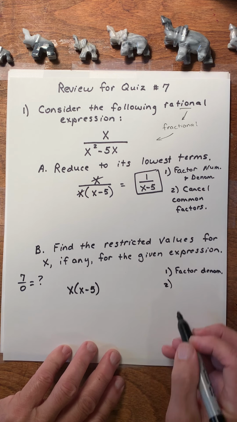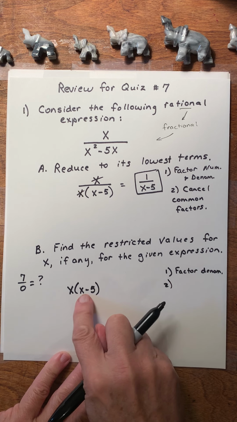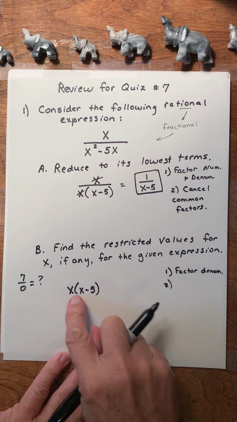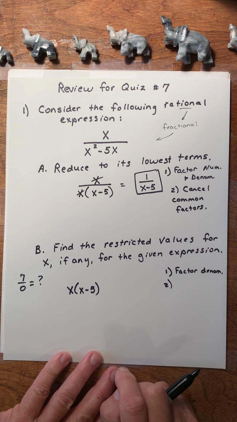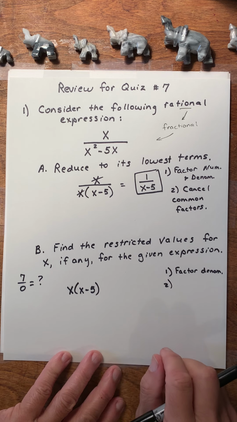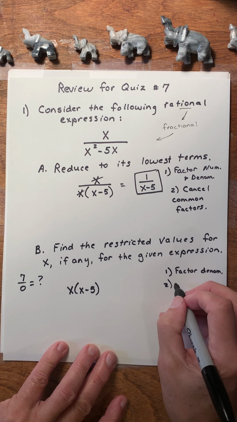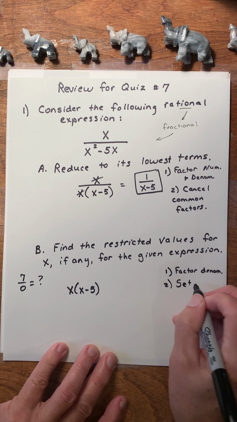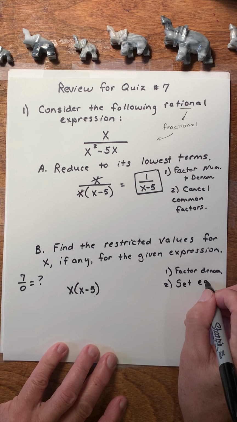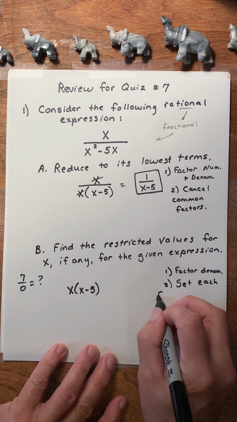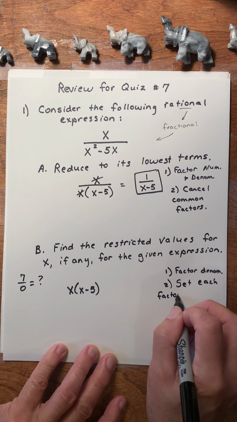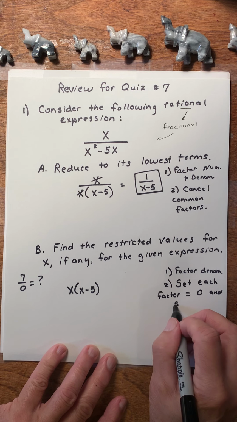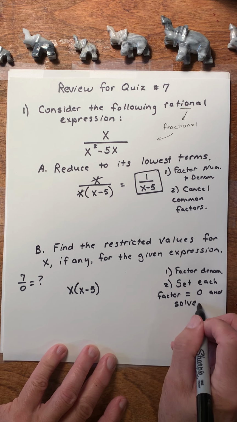Second thing we're going to do is realize that either one of these could make the denominator 0. If either one of these is 0, the denominator will be 0. The way I'm going to express that thought is I'm going to set each factor equal to 0 and solve, to find out what x cannot be.